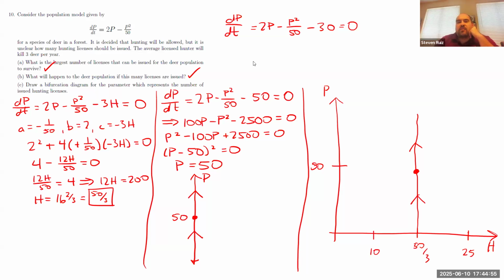All right, so when I let h equal 10, I want to solve this equation right here. Set it equal to 0 and solve to figure out what my new equilibrium conditions are. So again, I'm going to multiply by 50 just to avoid dealing with fractions. So 100p minus p squared minus 1500 equals 0. P squared minus 100p plus 1500 equals 0. No chance that factors, does it? Let's see.